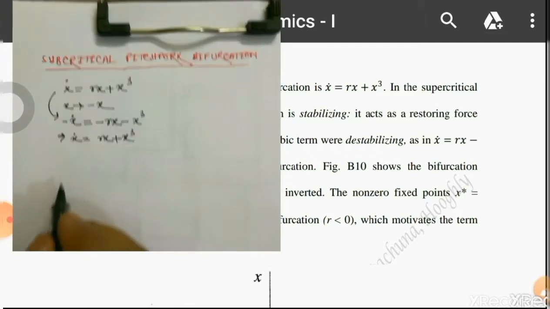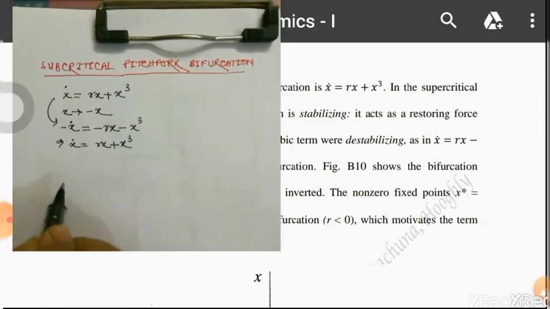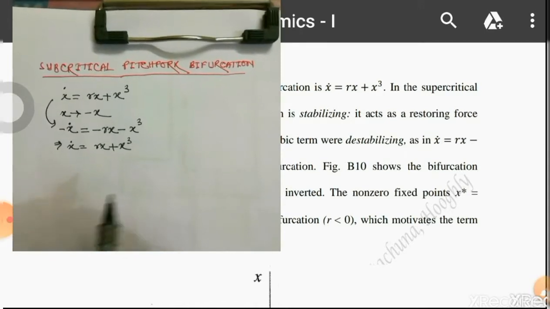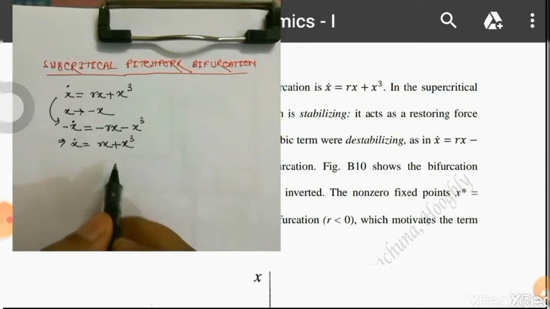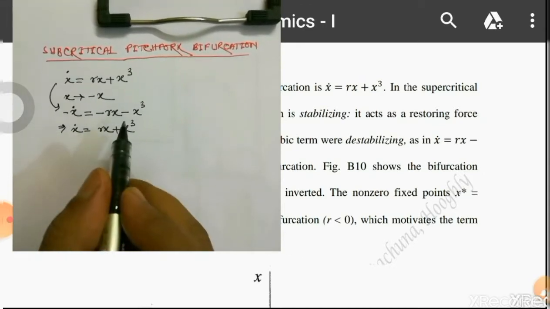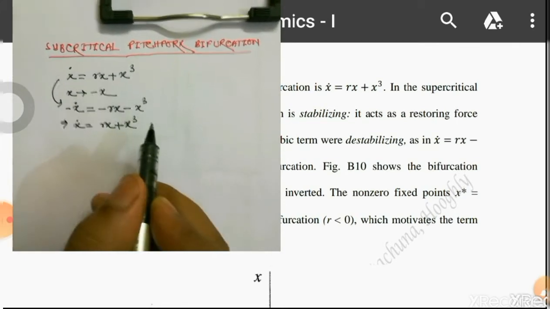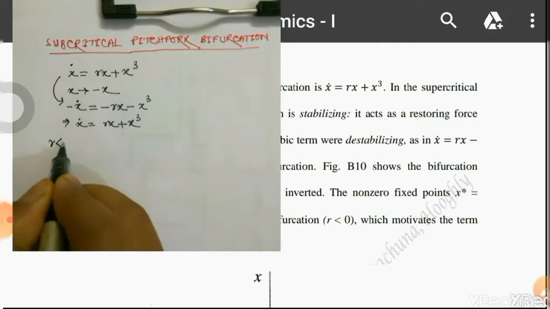Now we will consider three different cases: r less than 0, r equals 0, and r greater than 0, and we will compare the stability or nature of these fixed points with the conditions for supercritical pitchfork bifurcation. The first condition is r less than 0.